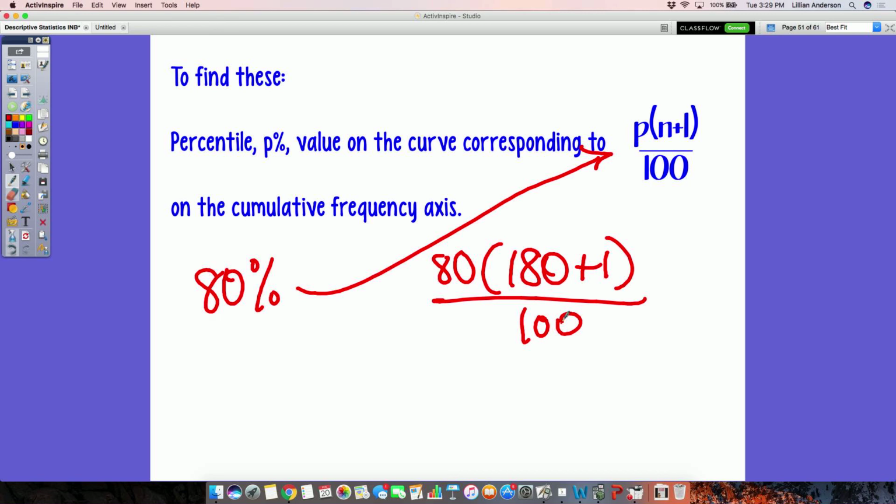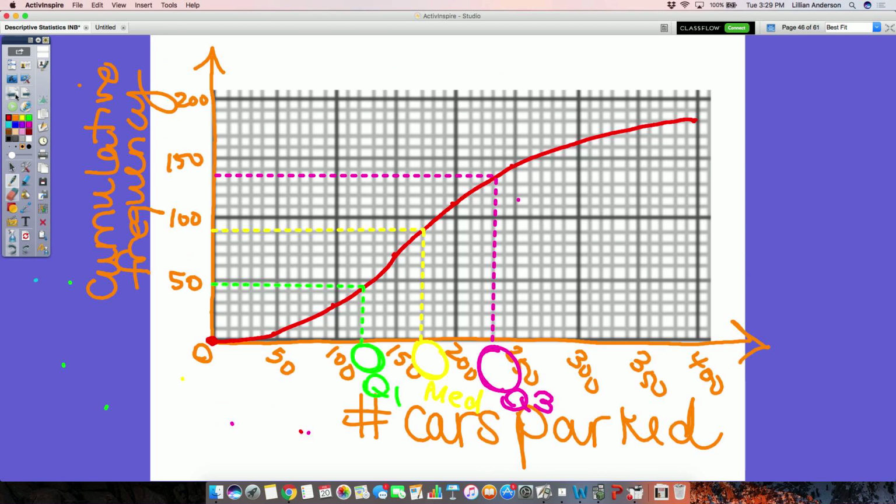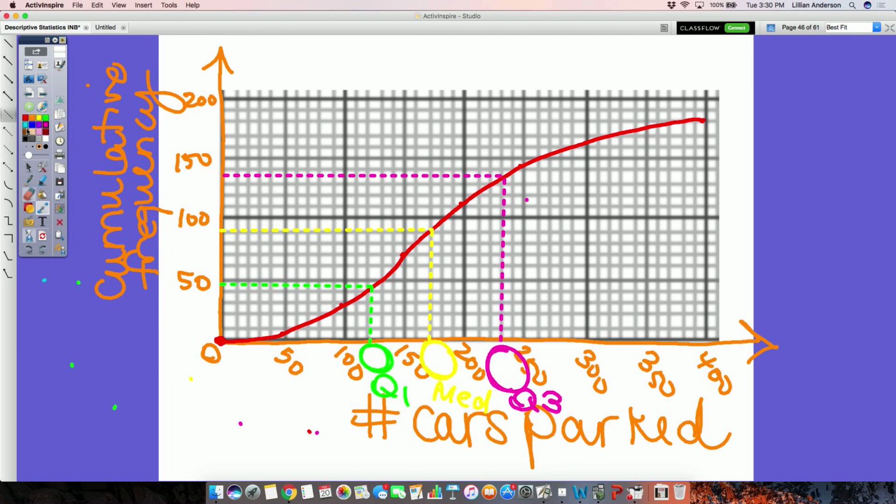So when I multiply this and divide by 100, that gives 144.8. Again, this number does not tell me that's the answer. It tells me where to look on my cumulative frequency curve. So we go back to our curve, draw a horizontal line over, and see where it hits our curve. It was 144 point something, so about 144.